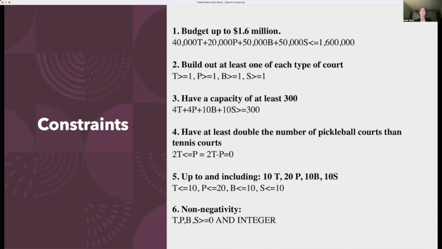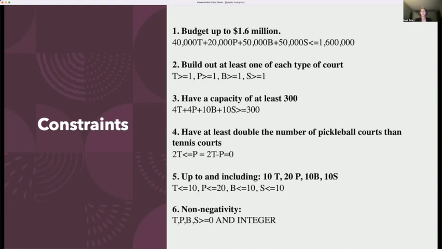I split that up into 4 constraints, one for each court. The first, T must be greater than or equal to 1, meaning tennis must have at least one court built. Then pickleball must have at least one court built, and so forth. That was important to the investors, so I included it, and I thought it would make the problem more reasonable, practical, and realistic, because I think that's what an investor would think as well.